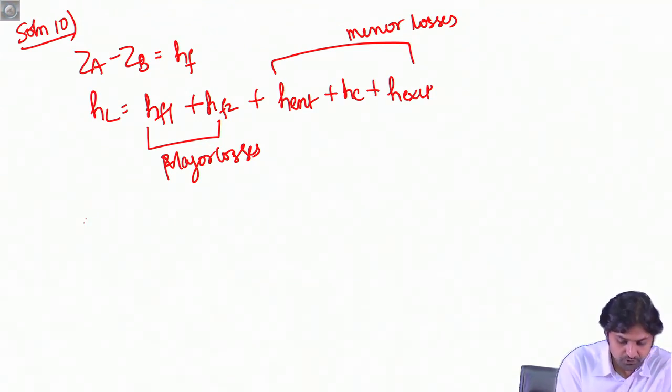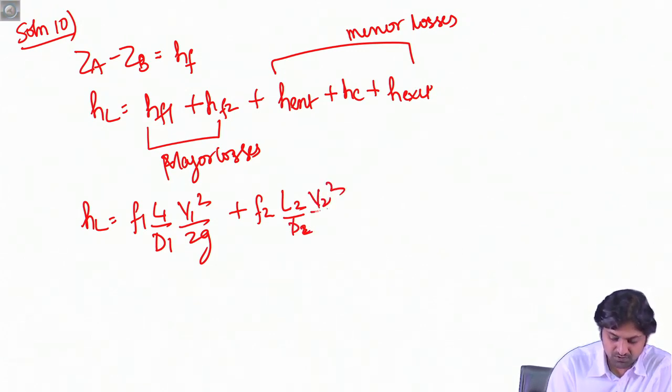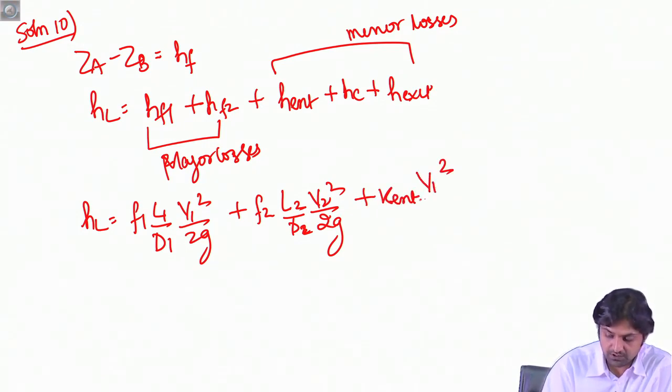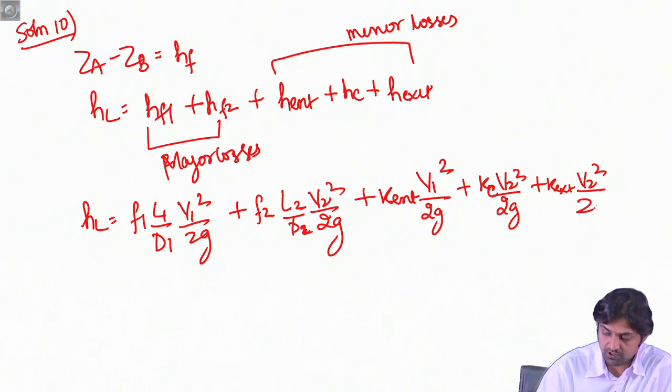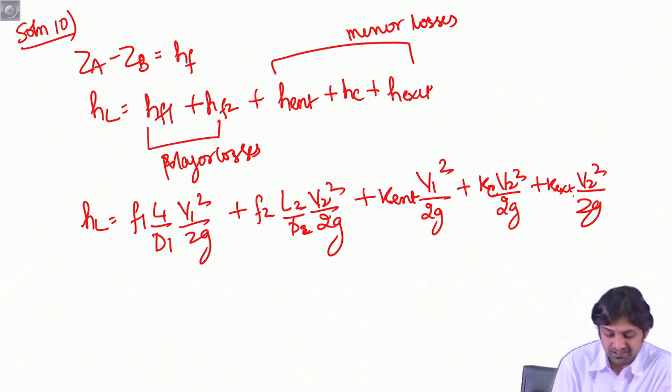So, we can simply write the formula first: F1 L1 by D1 into V1 square by 2g plus F2 L2 by D2 into V2 square by 2g plus K entrance V1 square by 2g plus Kc into V2 square by 2g plus K exit into V2 square by 2g. This is an important formula.